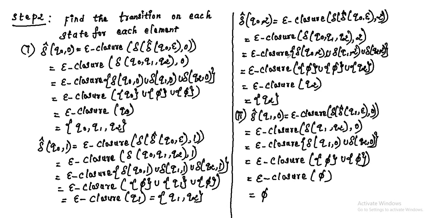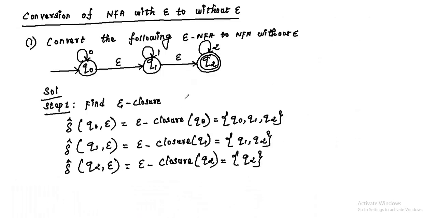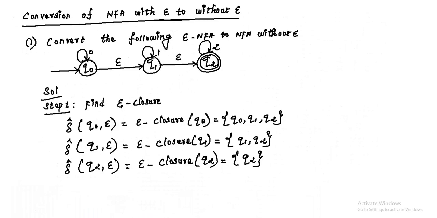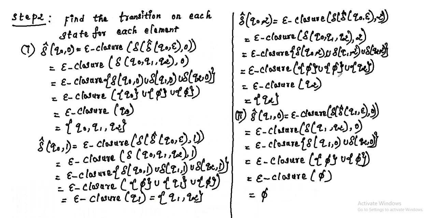Next step, epsilon closure of δ(q0, 2) union δ(q1, 2) union δ(q2, 2). Here q0 on 2, look at the transition diagram, there is no transition, so put the null symbol. Q1 on 2, there is no transition, so you put the null symbol.